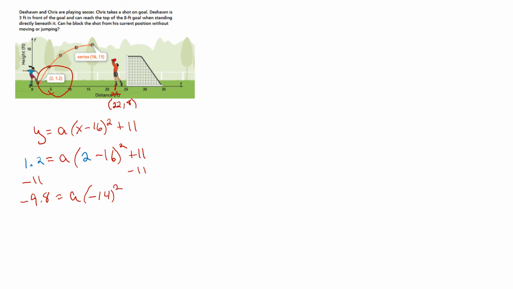We can square that negative 14 to get 196, and we can divide by that 196 to get a equals negative 0.05.